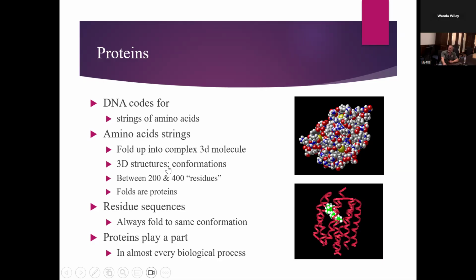And remember, I talked about protein's function being determined by its shape. If the protein does not adopt the proper shape, it will not have the proper function. So we always talk about in proteomics and in protein discussions, shape determines function. And within this protein molecule, you can have different types of folds. You can have different types of structures.